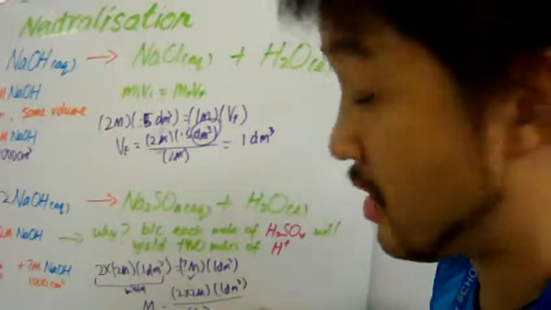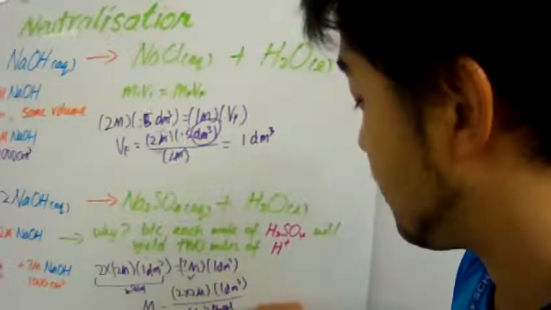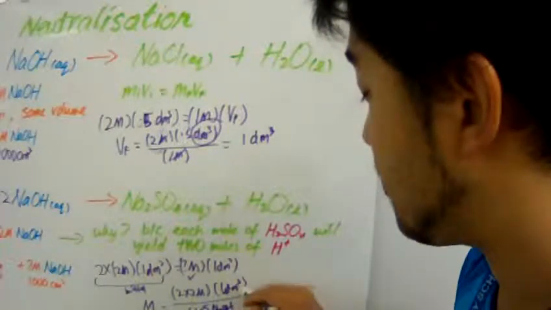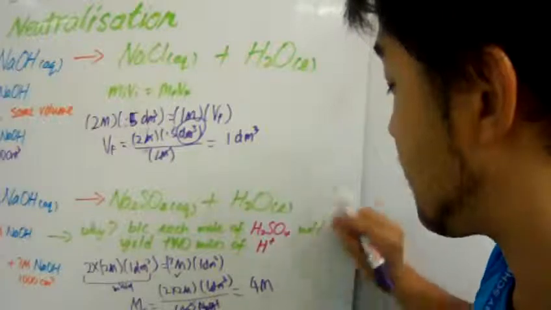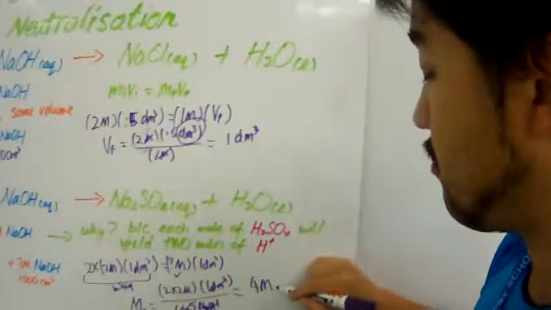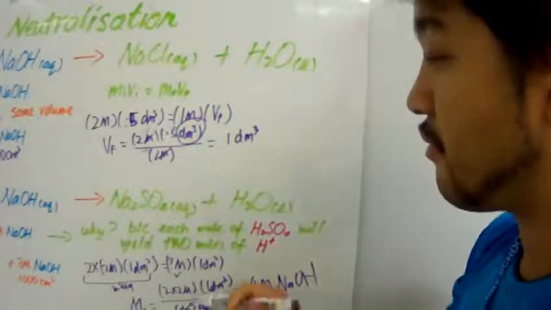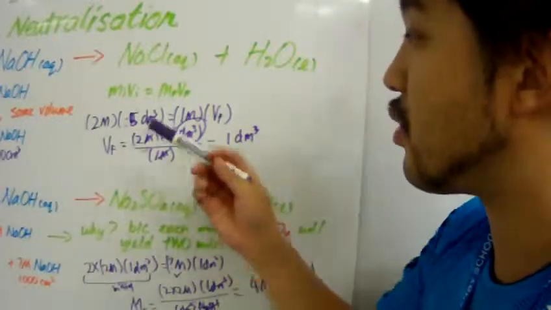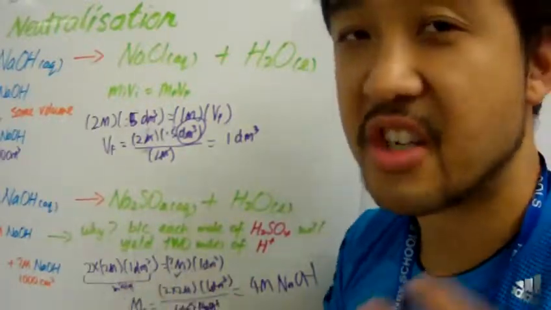That is the volume of the sodium hydroxide. Again, the cubic decimeter units will cancel out, and what you're left with is 4 molar sodium hydroxide. So with this kind of simple equation, you are able to quantify neutralization reactions.